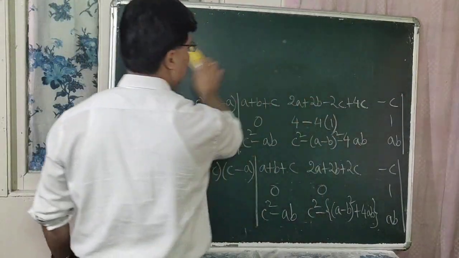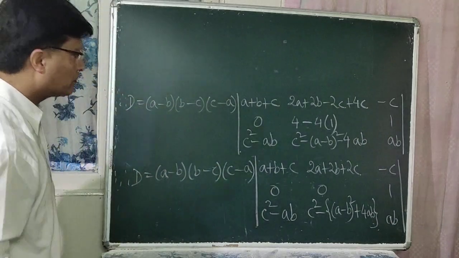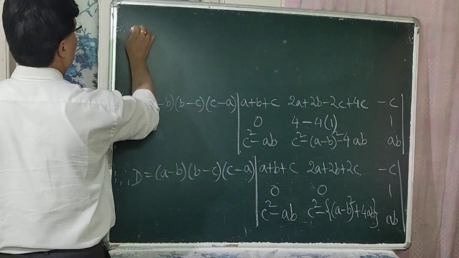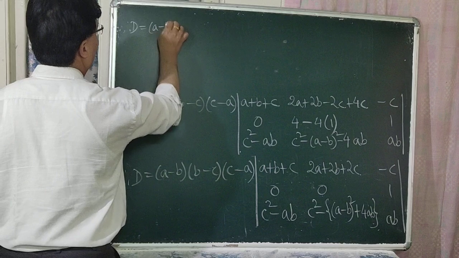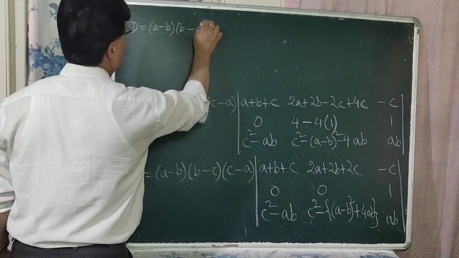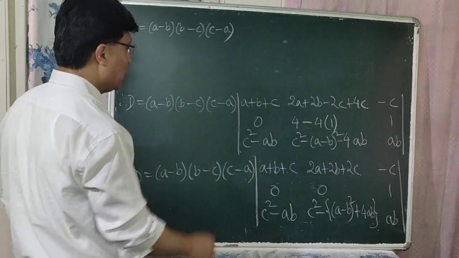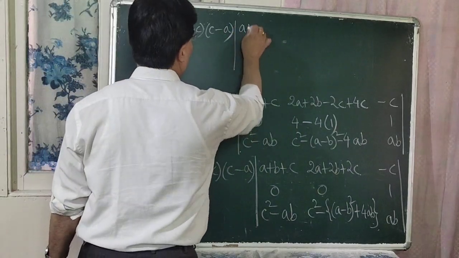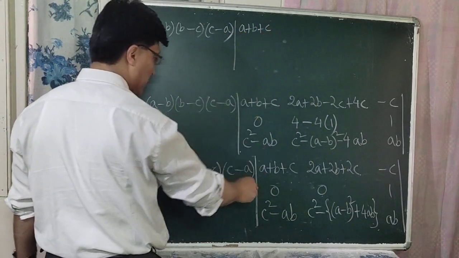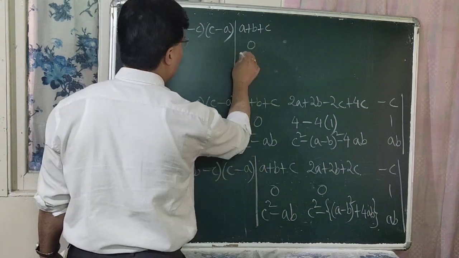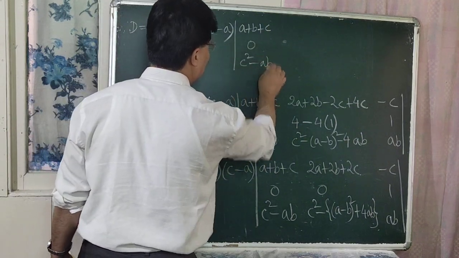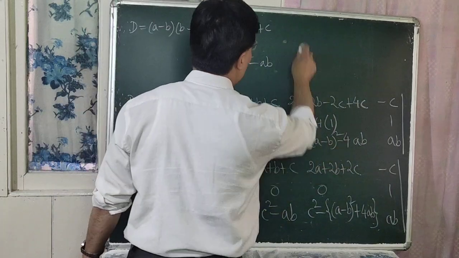Now let us simplify it. Therefore, D is equal to a minus b, b minus c, c minus a, right? Now what is the first column here? a plus b plus c, 0, and c square minus ab. Now here 2 is common.